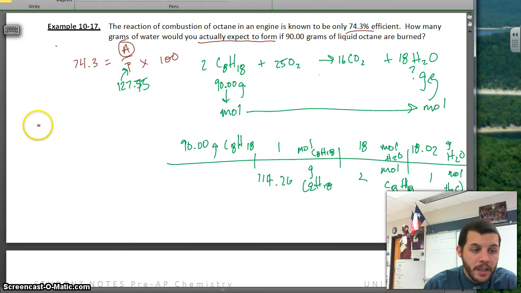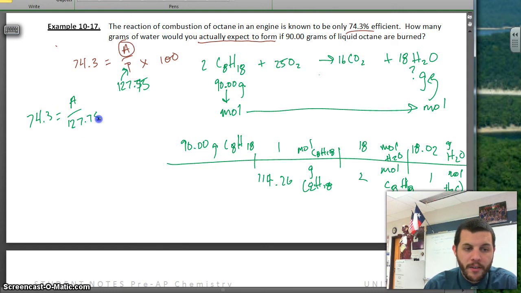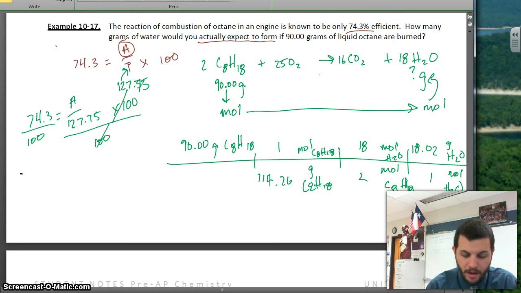That goes in for T. Now all I have to do is 74.3 equals A over 127.75 times 100. First I need to get rid of the times 100, so I'm going to divide both sides by 100. So I get 74.3 divided by 100, which is 0.743. So 0.743 equals A over 127.75.